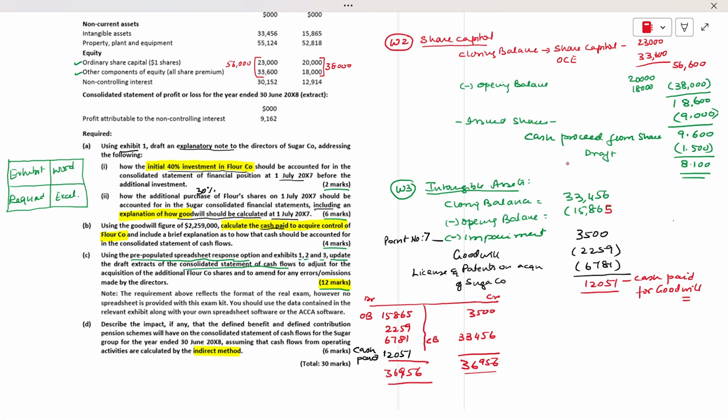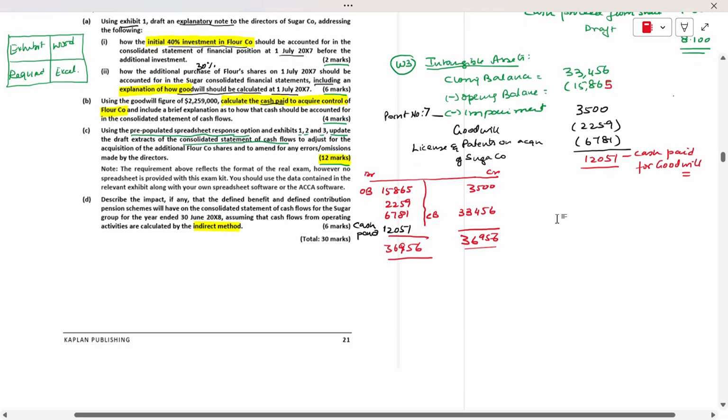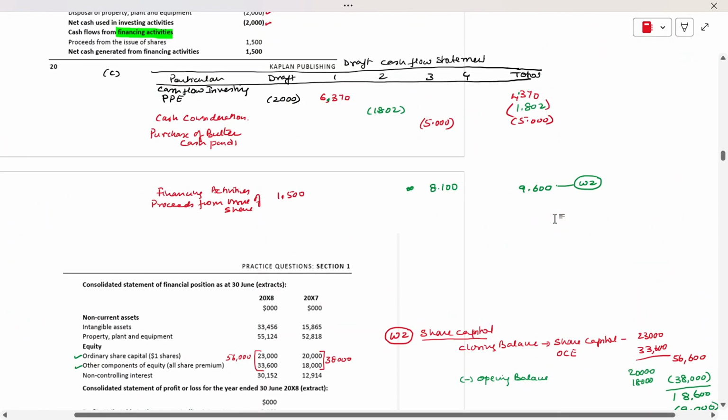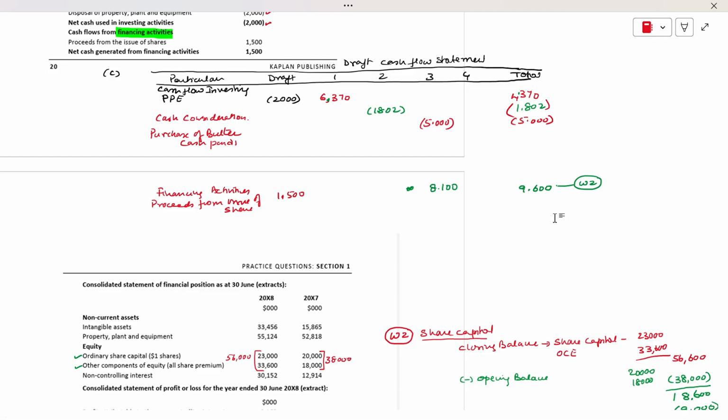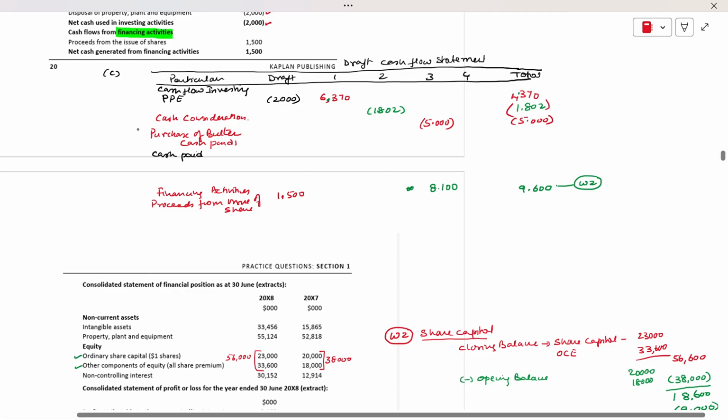Is it okay? Yes, sir. Okay. How much is the 12051? Where do we have to show that 12051? We have to show it in the investing activities, cash paid, intangible asset.